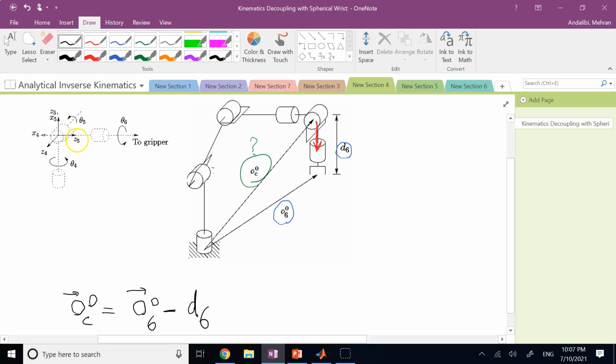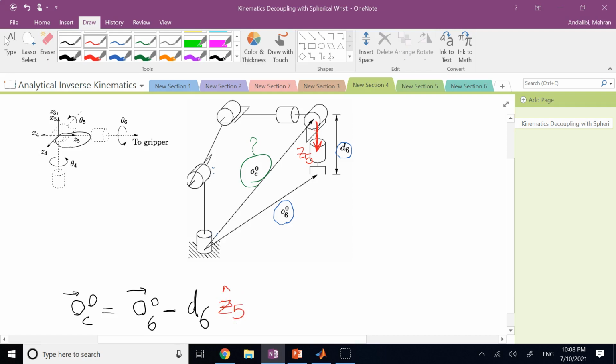Well, if you look here, you clearly see that unit vector is what? Based on this figure, it is Z5, right? That's the direction of the 5th Z-axis, which comes from a spherical wrist.